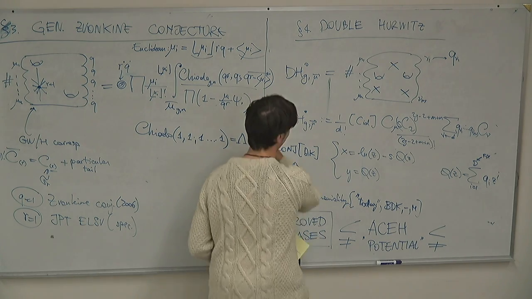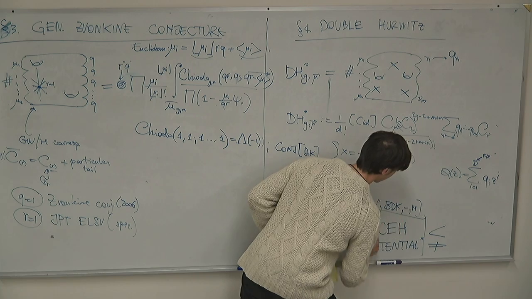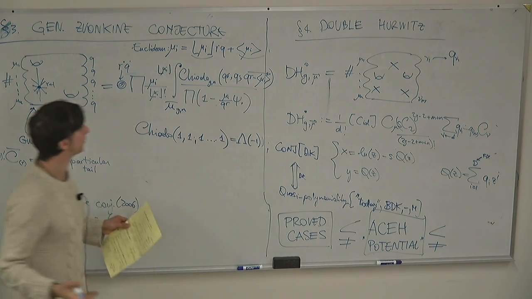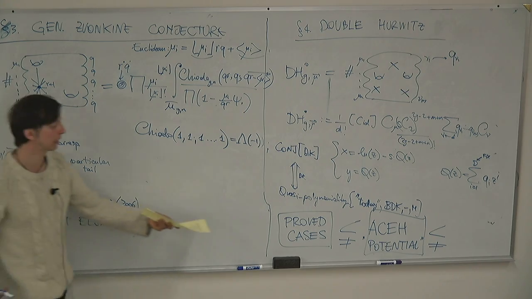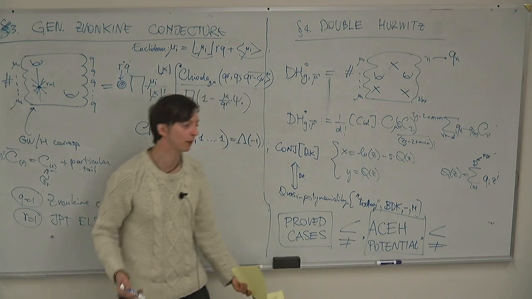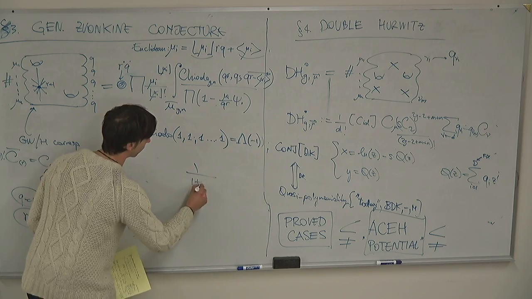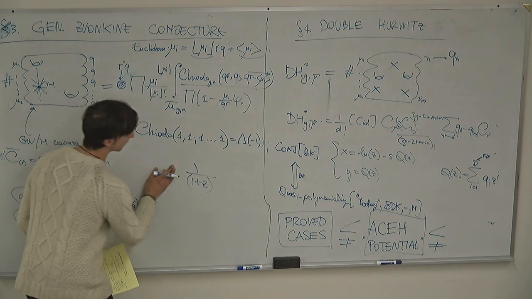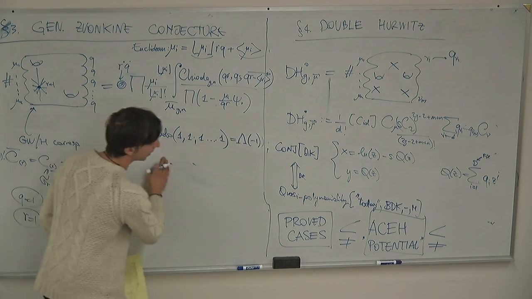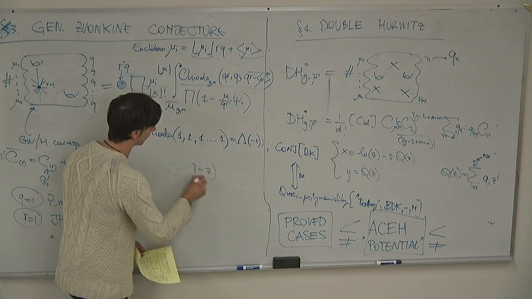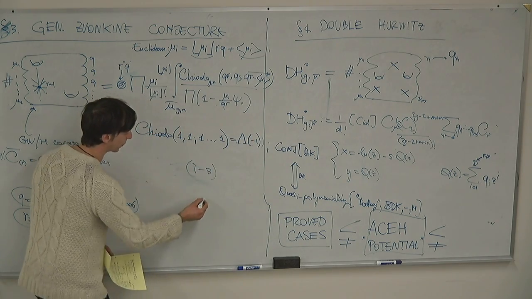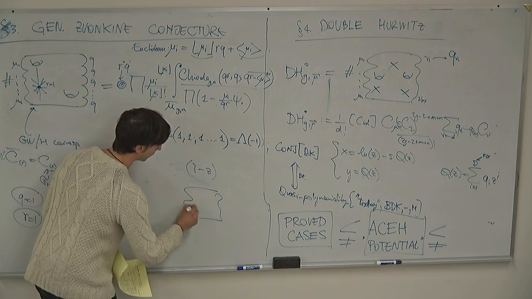Yeah. So if you look at monotone. So you know that even the usual monotone Hurwitz numbers fall outside of the hypothesis of ACH because it's not polynomial. It's 1 over 1 plus z. It is not polynomial. Or minus, sorry. But you could do, for instance, 1 minus z, which corresponds to strictly monotone.